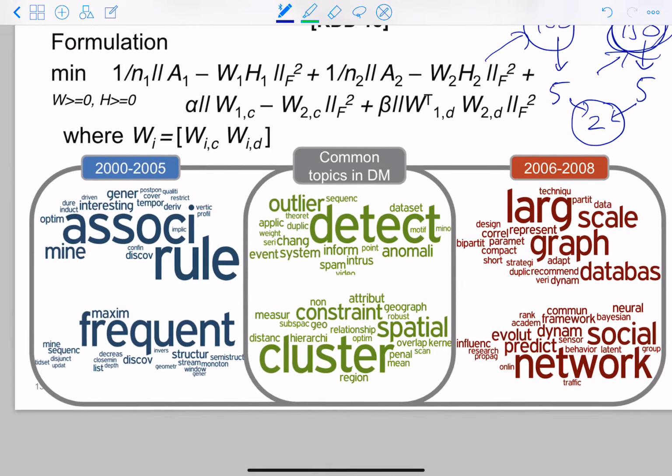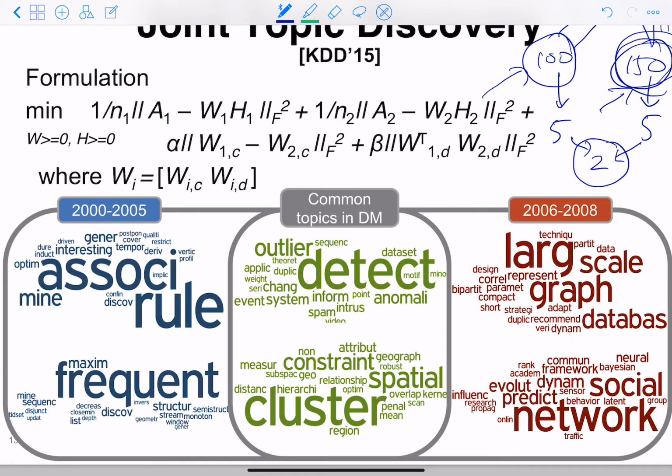So this is one example. We can think of research papers as our documents, all published in data mining venues, and I split them into two sets: the first set is papers published before 2005, and the other is papers published after 2006.